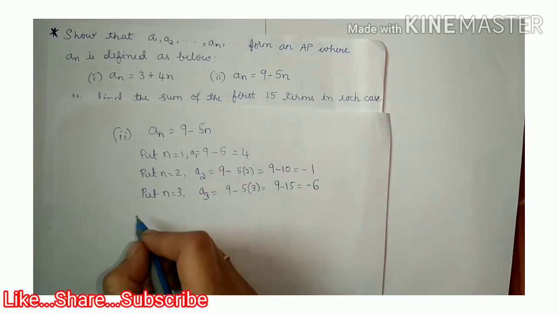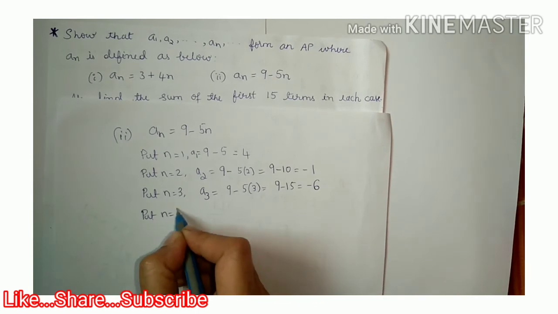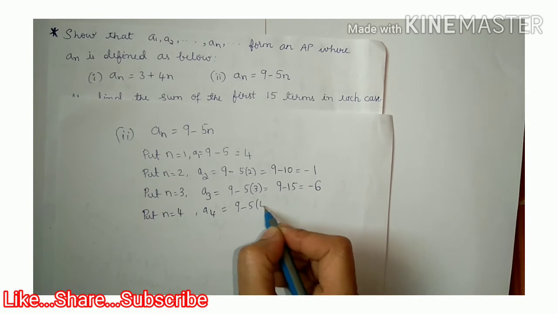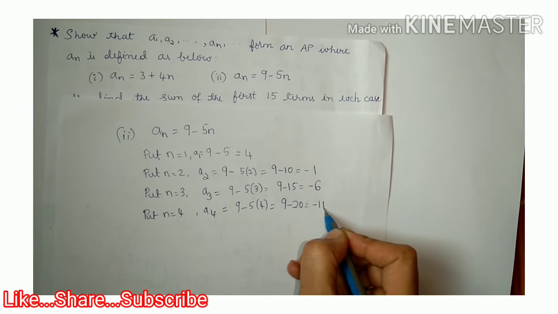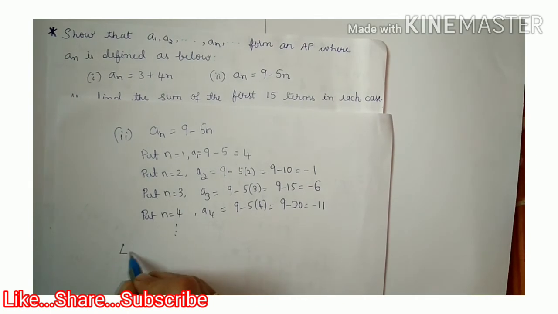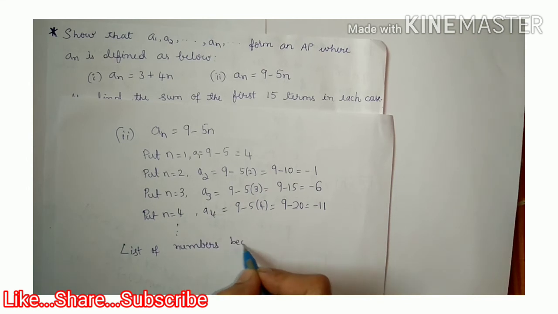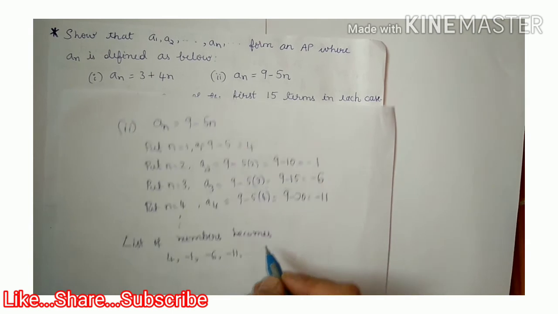Put n is equal to 4: a4, 9 minus 5 into 4, 9 minus 20, minus 11. The list of numbers becomes 4, minus 1, minus 6, minus 11 and so on.